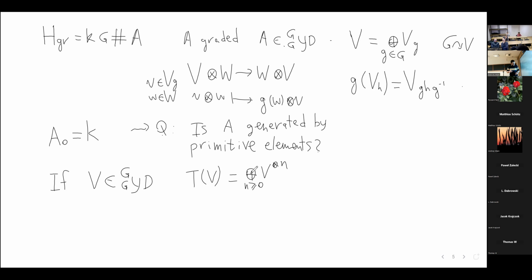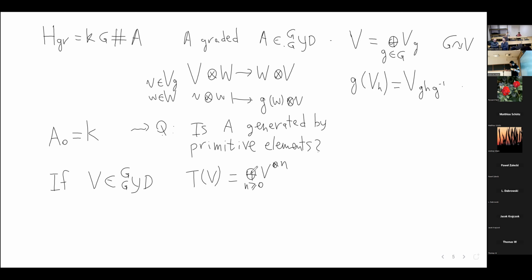And maybe the important thing to say here is that I really use the braiding when I describe Hopf algebras inside this category. Usually the most difficult axiom for Hopf algebras is the fact that comultiplication is a map of algebras, also known as multiplication is a map of coalgebras. In order to say what that means, I need to use some kind of braiding.